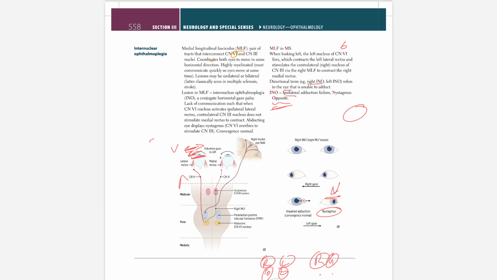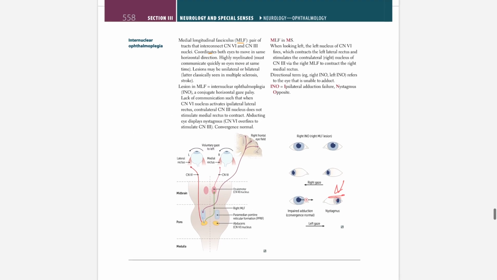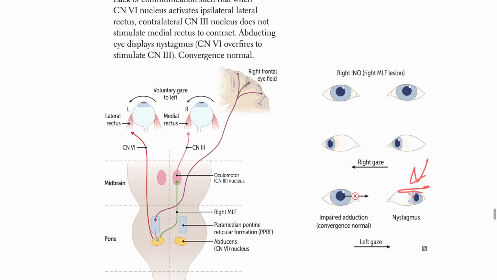It's a very simple one if you understand it. All you have to know is simple. You have the PPRF, the paramedian pontine reticular formation, which sends the signals towards the CN6. CN6 has to send to two areas.